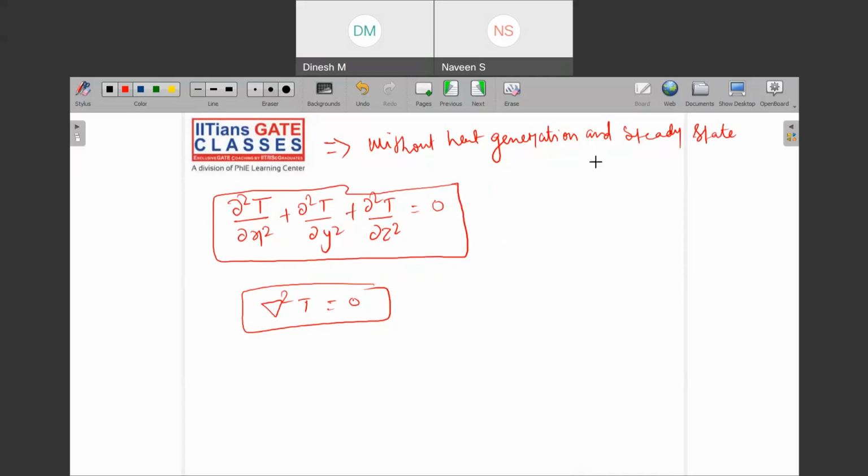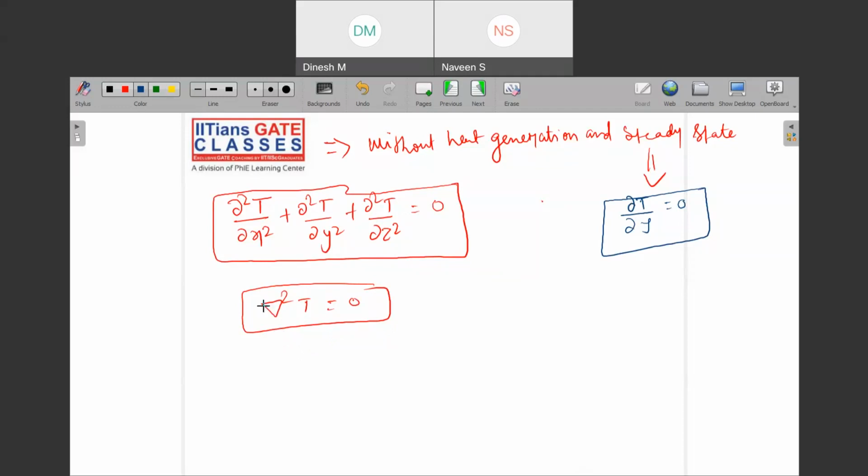Whenever you are working with steady state, your temperature is not changing with respect to time, so this value automatically becomes 0. So this Laplace equation in temperature shows that this is the case of steady state, 3D conduction, and without heat generation.